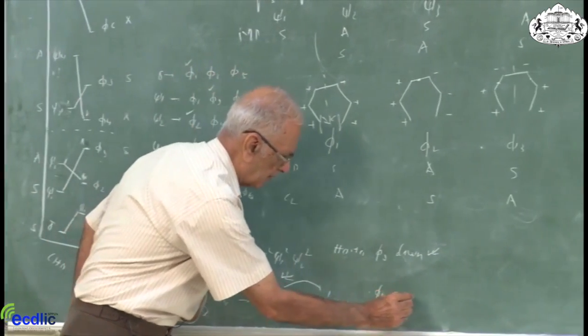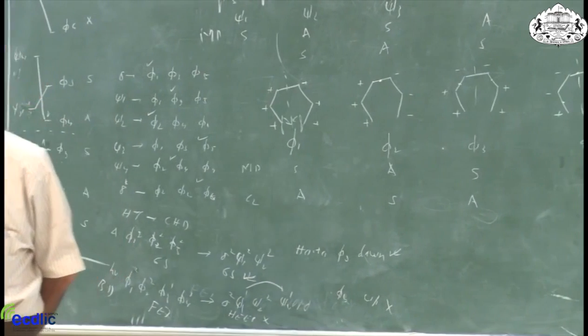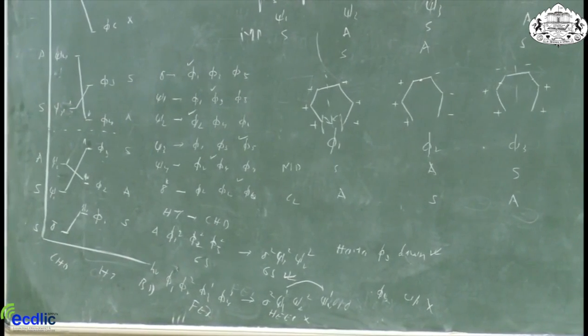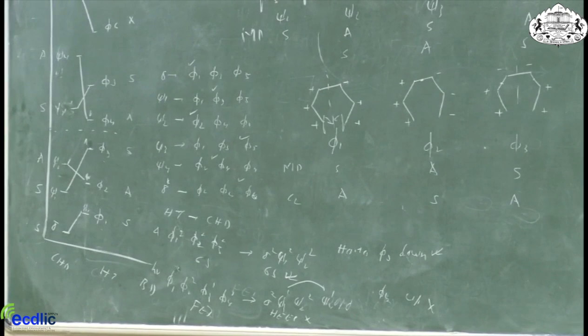Your phi 4 goes up. Therefore, it is disallowed. Even without making the full diagram, 1, 3 and 5 in disrotatory come down, 2, 4, 6 go up. When the HOMO is 3, it is going down, therefore, the reaction is allowed. In photochemical, your HOMO is 4, 4 is going up, therefore, the reaction is disallowed.